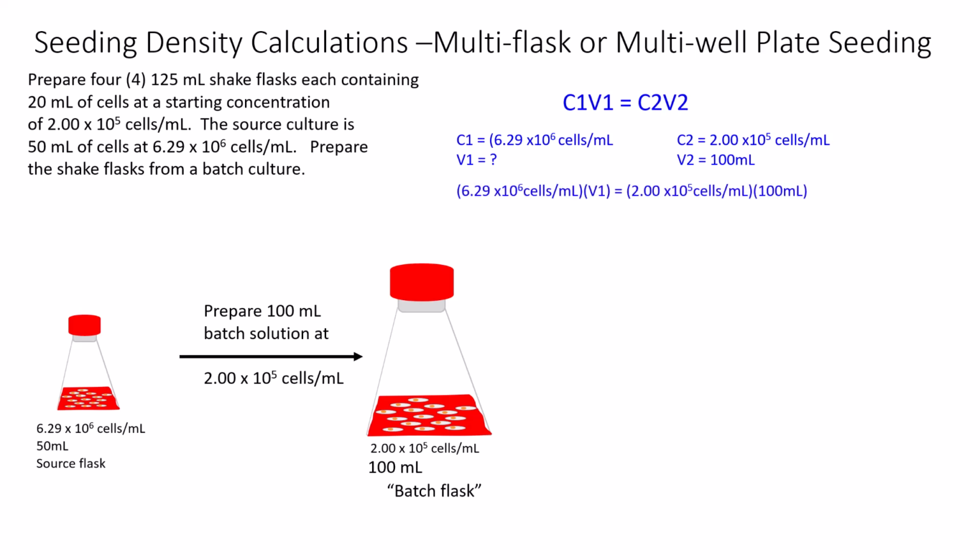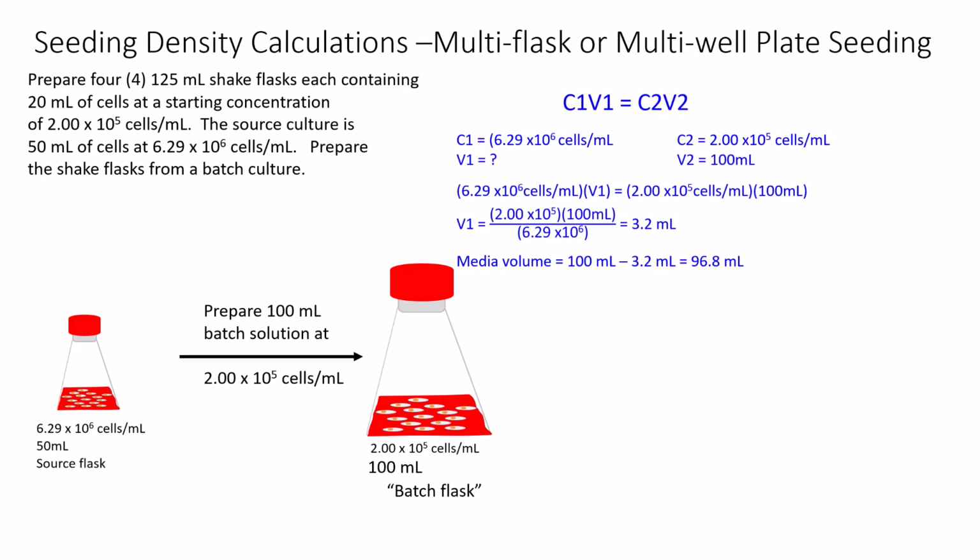And so we just plug that into our C1V1 equals C2V2 equation, solve for V1, and it turns out that we need 3.2 mils of source cells. That is, we need 3.2 mils of 6.29 times 10 to the 6 cells per mil. The media volume that we need then will be 100 mils.